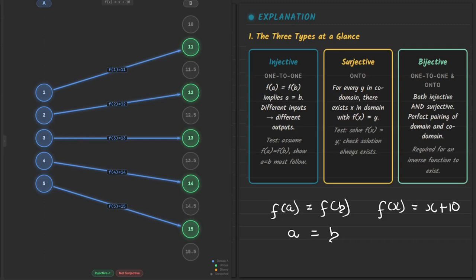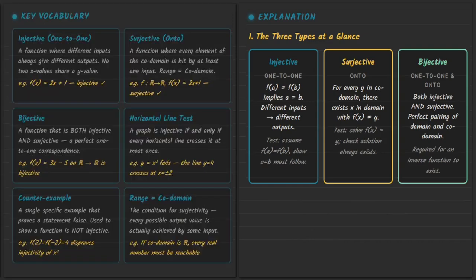On the other hand, there is what we call surjective. The surjective's focus is rather on the codomain. So while the injective focus is on the domain, the surjective focus is on the codomain. It says if every y in the codomain has at least one element in the domain, then it is surjective.